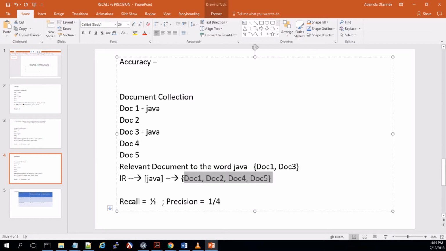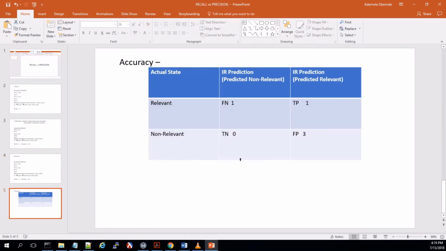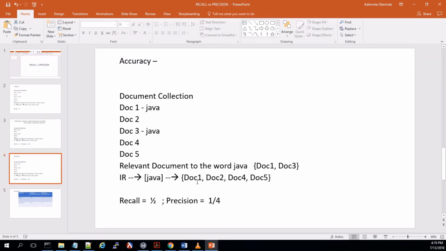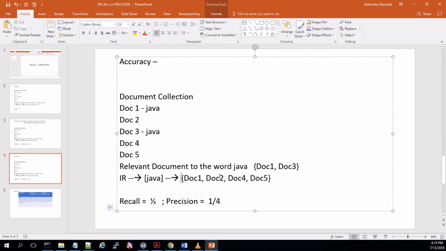So how many of them are actually, don't forget we are considering false negative, supposed to be returned, but were not returned? So we expect that document 1 and document 3 are supposed to be returned.